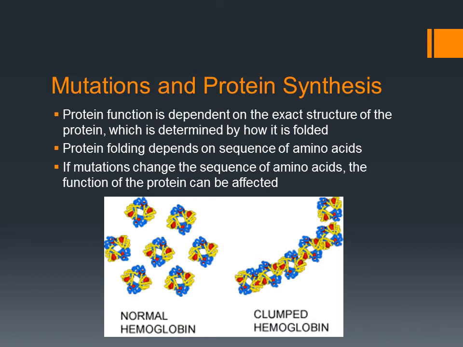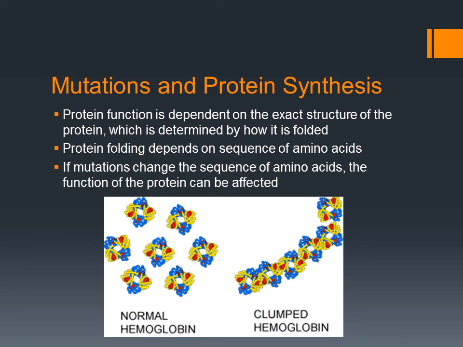Some amino acids like water, some don't like water, and some like to bind with each other. So it depends on that sequence of amino acids and how they interact with their environment and with each other. That's what determines how the protein's folded. And then the way that the protein works is totally dependent on how it's folded. So if you change the sequence of amino acids, then the function of the protein can be totally affected.